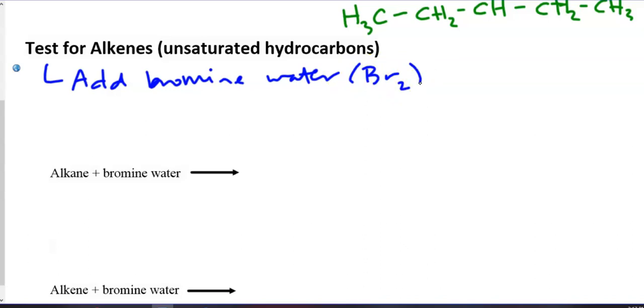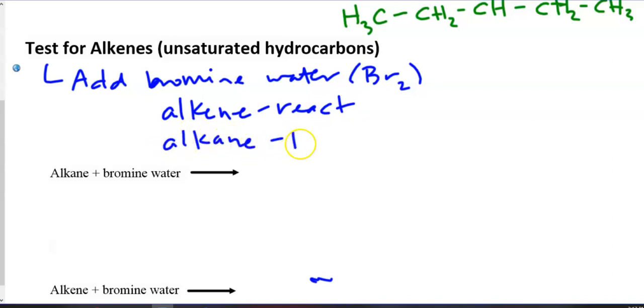If it's an alkene, it's going to react. An alkane, no reaction. An alkane is saturated. It's filled up. If it's unsaturated, an alkene or even an alkyne, it would react.